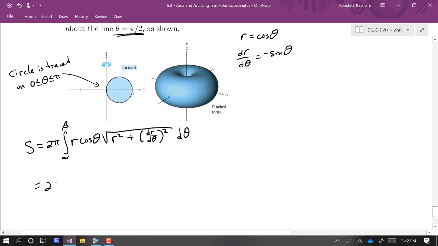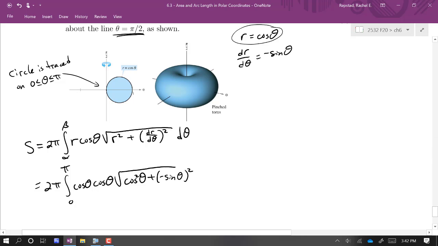So this is 2 pi times the integral 0 to pi of r cosine theta. Well, r is equal to cosine theta, so r times cosine theta is cosine theta times the square root of, and then inside, r squared is cosine squared theta, plus dr d theta is minus sine theta, and then we're going to square that.